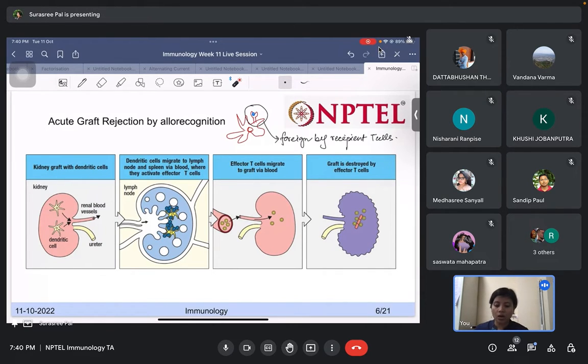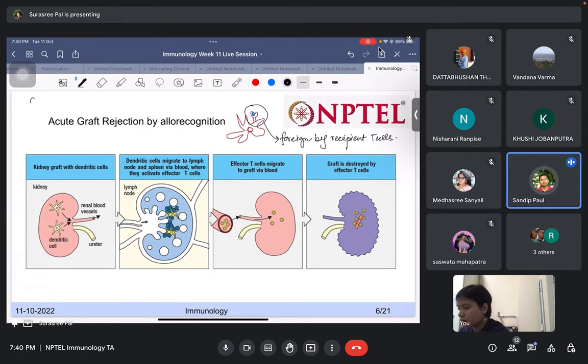So this is called an acute rejection, when the recipient's T cells recognize the complexes of the donor HLA or the donor MHC along with the donor peptides. But how is it totally destroyed, like the whole kidney, is it? Yes, the whole graft is actually rejected.